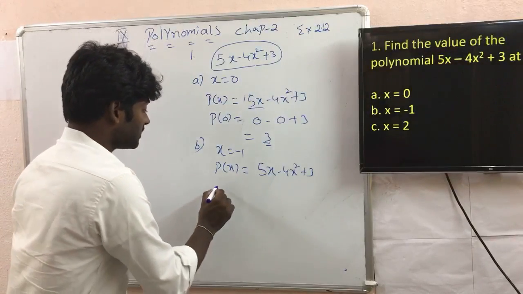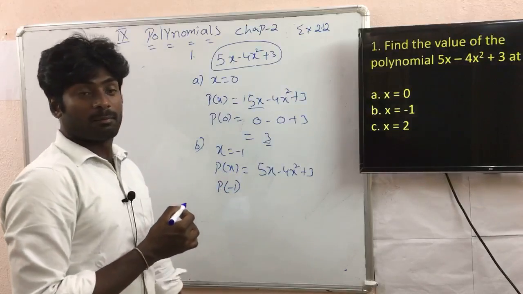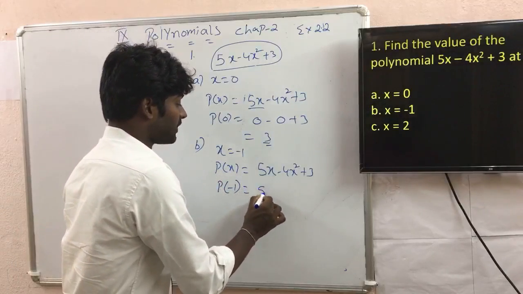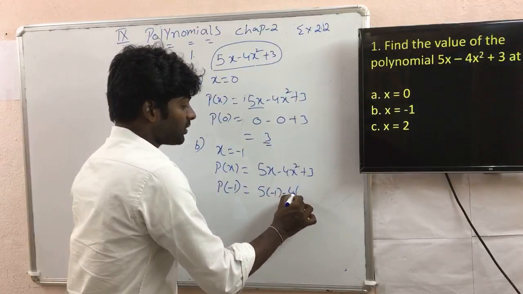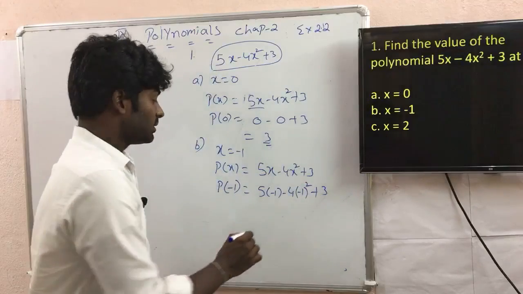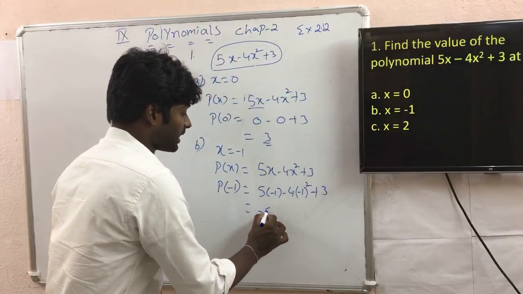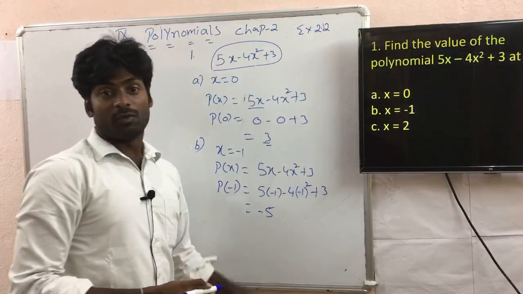See, in the place of x you have to replace with minus 1. Then you will get 5 into minus 1 minus 4 into minus 1 whole square plus 3. 5 into minus 1 you will get minus 5. Minus 1 whole square, obviously you will get 1.